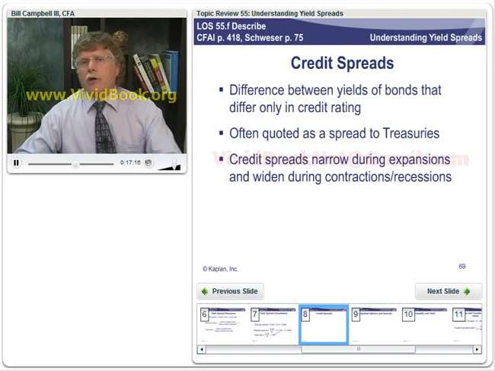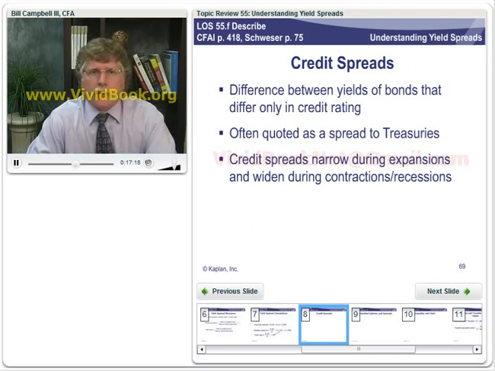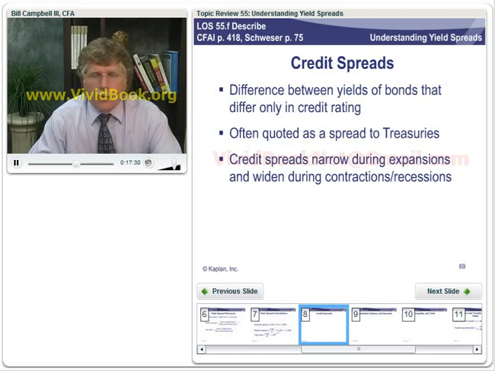All right, now we'll go to credit spreads. These are spreads that result simply from differing credit ratings on bonds. Generally, these are quoted as a spread to Treasuries. So we have a Treasury, which of course has the highest credit rating, and some other bonds, could be corporate bonds, could be municipal bonds, whatever, that have slightly lower credit ratings.